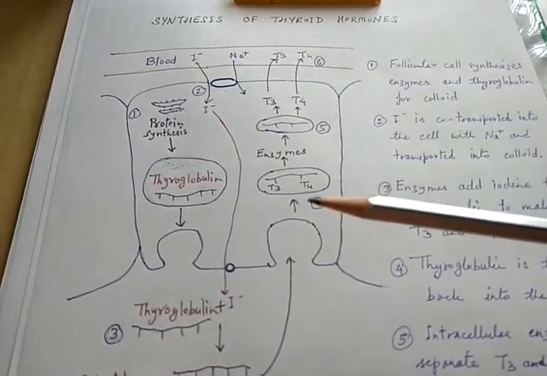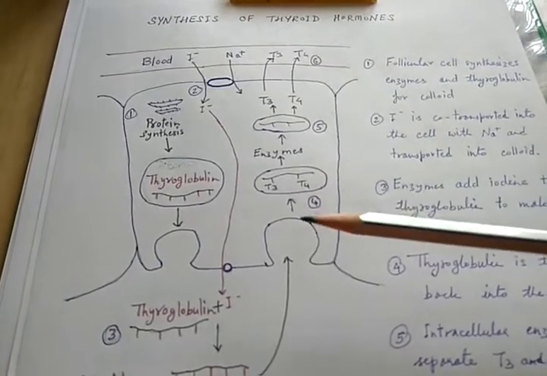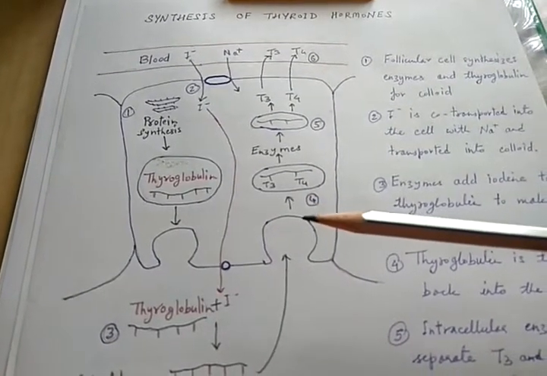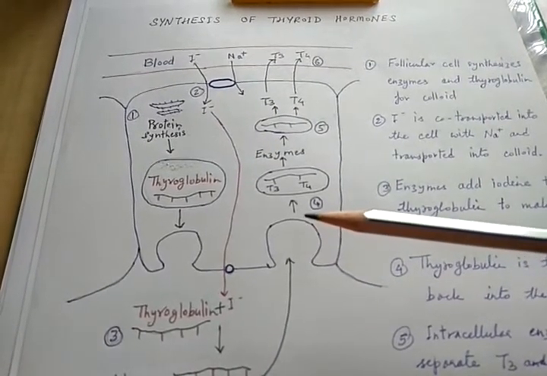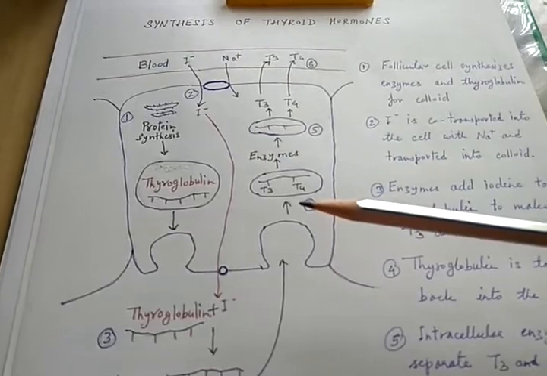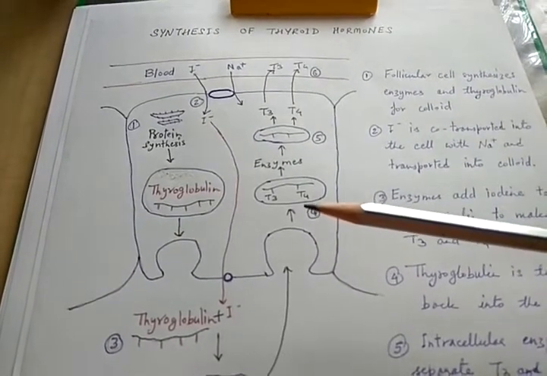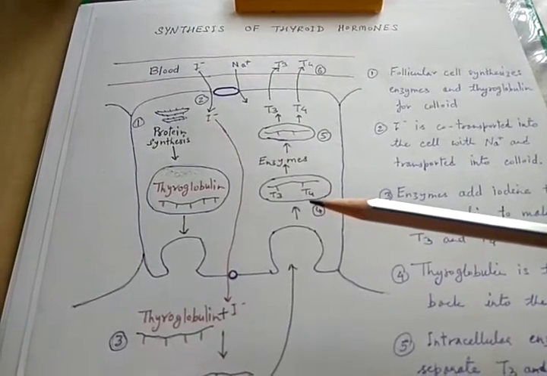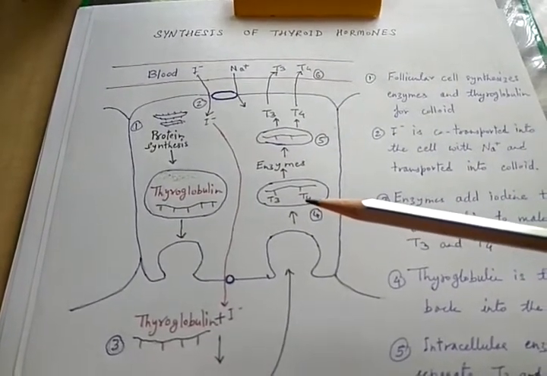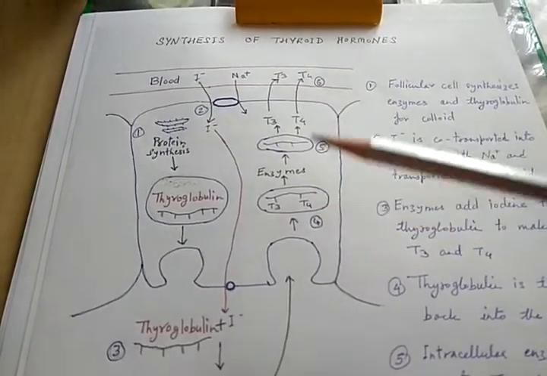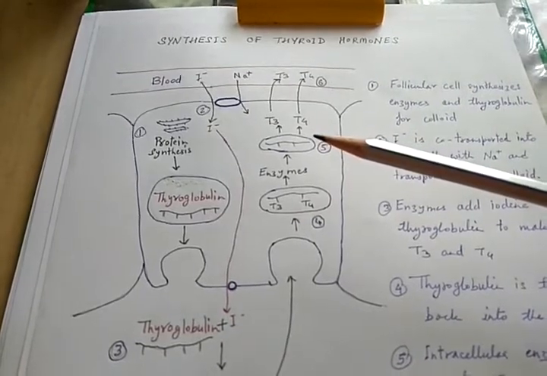And inside the cell, the endosome that contains the thyroglobulin with T3 and T4 hormone fuses with the lysosome, and the enzymes present inside the lysosome break down the thyroglobulin molecule and release the T3 and T4 hormone.